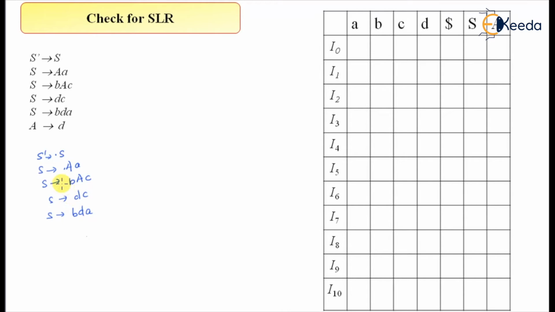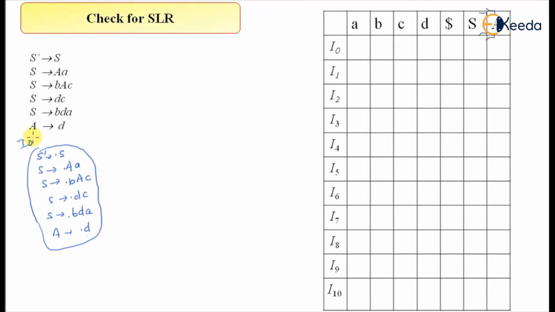These are the S productions with a dot in front. The dot is before a non-terminal here, so I will also include A derives dot D. So this is my I0 state.